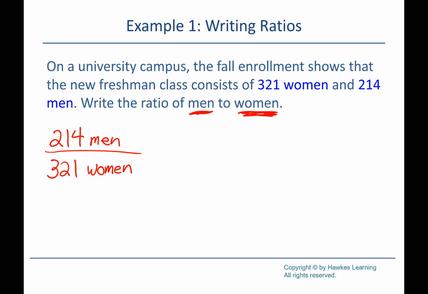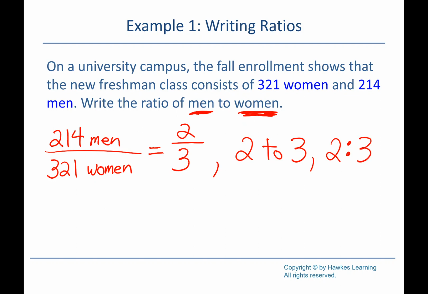But here we could write this as 2 to 3 when we simplify. Or how else can we write it? We can write it 2 to 3, or with a colon, 2 to 3. Any of those are fine.